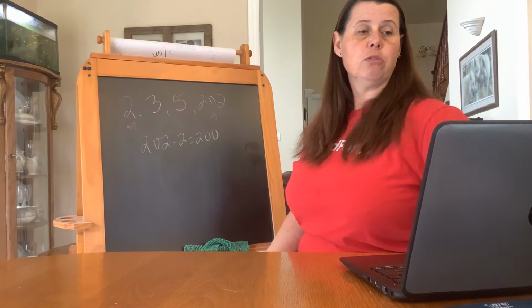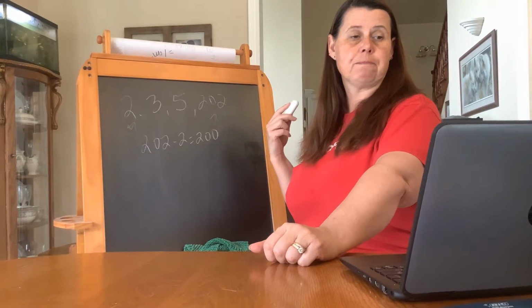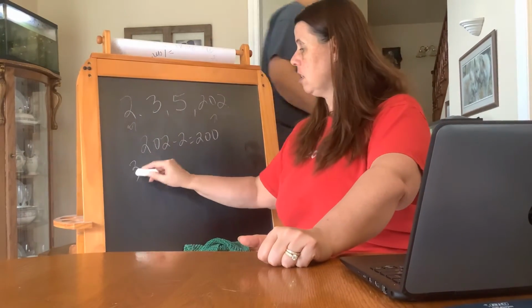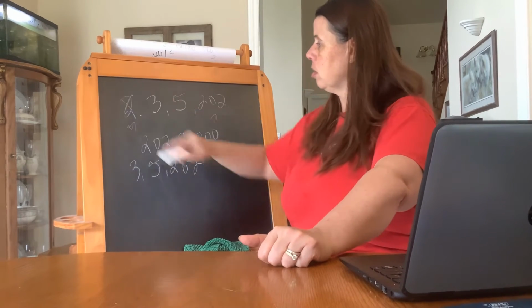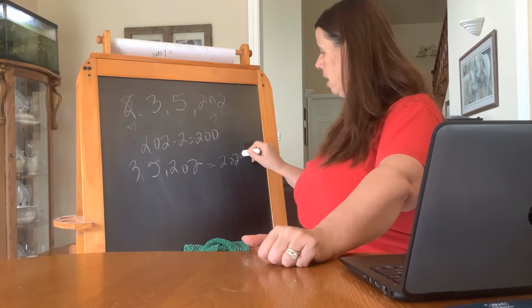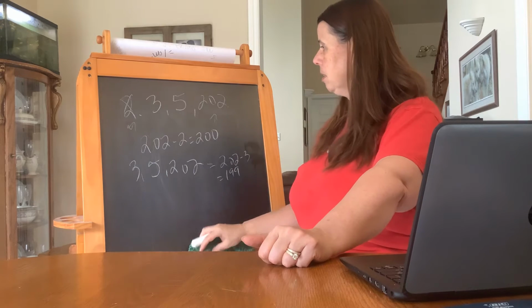Now, they want you to remove one value from the set and find the range of the new set. Okay, so the new set, the first one they give you is 3, 5, 202. So they got rid of 2 in this set. So the range is now 202 minus 3, which is 199. Very similar, right?